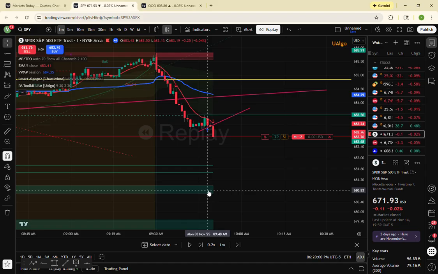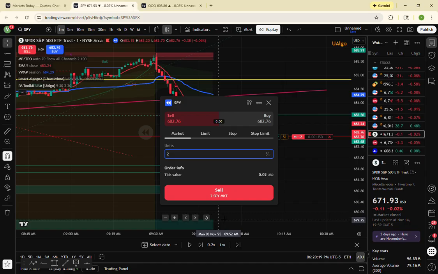I know for sure. Those are the things that I look at. I look at what's going on with VWAP and EMA, and I look at the support right here and the resistance. And price has been coming down. So let me see. I'm going to sell.